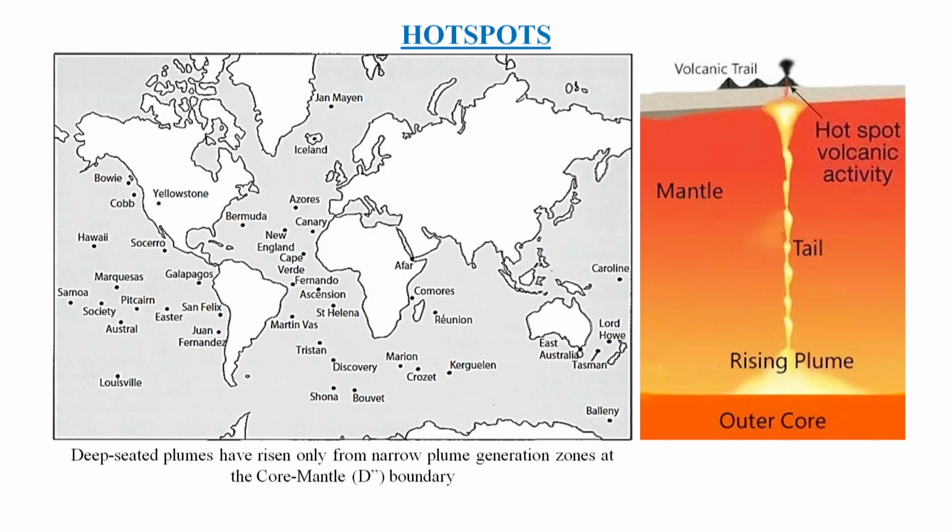It is believed that it is coming from the D double prime layer, which is the boundary between the outer core and the lower mantle, or you can simply say the core-mantle boundary. So it is believed that due to some changes in the pressure conditions, some hot molten material resting just above the core in the lower mantle starts to flow from that level to the upper part of the crust.